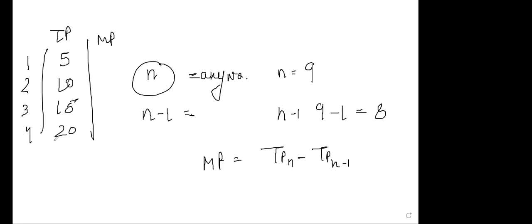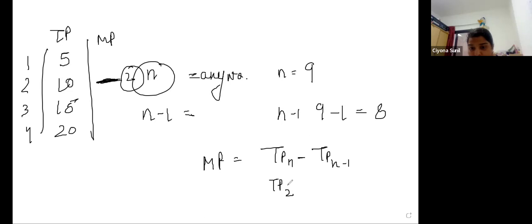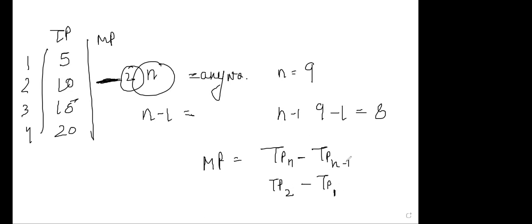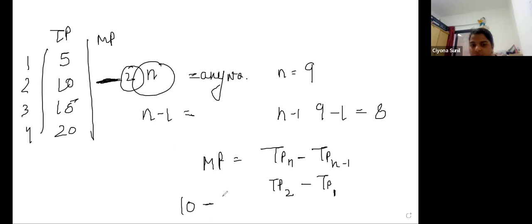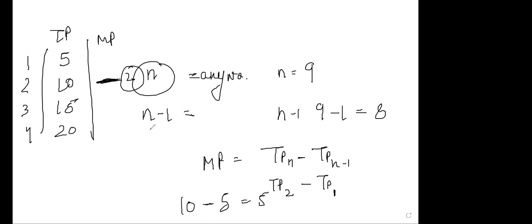For example, you have to find MP for the second one. So what will you write over here? TP2, which is 10, minus TP1. 2 minus 1 is 1. So TP2 is 10, and 10 minus 5 is 5. So you will write 5.